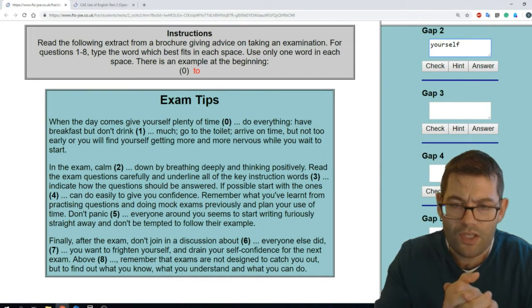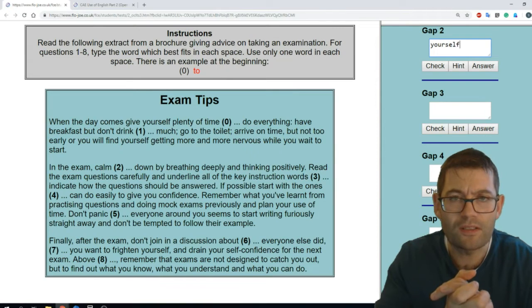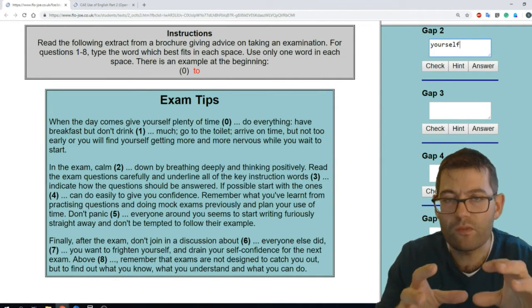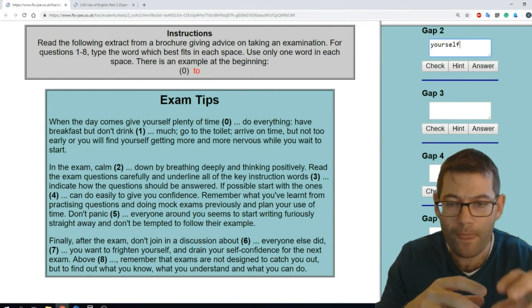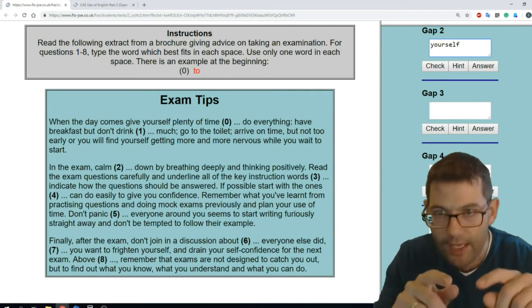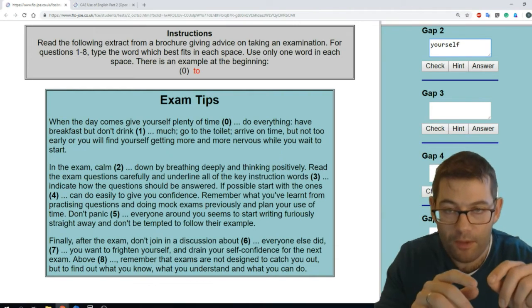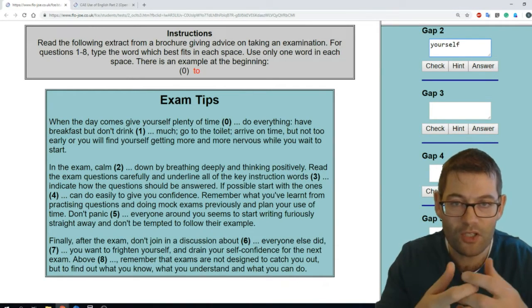What we need here is a special kind of word which replaces key instruction words. Because if we said underline all of the key instruction words that indicate how the question should be answered, of course that would be too much of a mouthful.